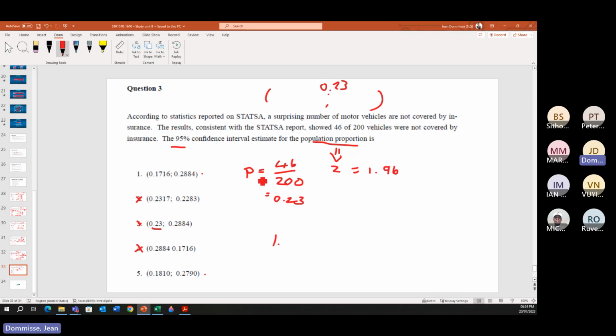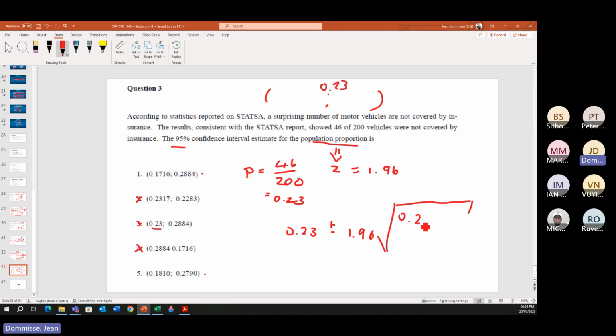The formula will be, let me do that again. It will be your P, which is 0.23, plus minus a Z of 1.96. Then remember we've got the standard error that we need to work out.